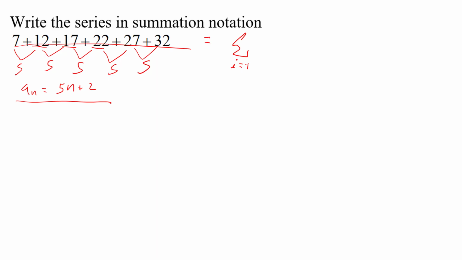And to get the 32, we plug in 1, 2, 3, 4, 5, 6. To get the 32, we plug in 6. 5 times 6 is 30, plus 2 is 32. And the formula, because we use i as my counter, then needs to be 5i plus 2. And there we go.